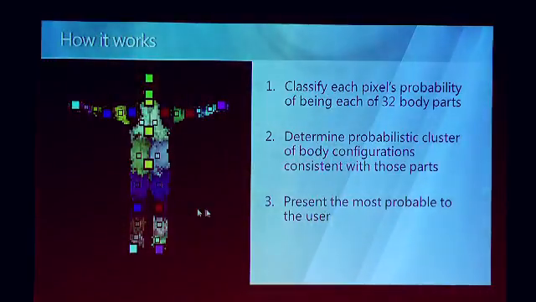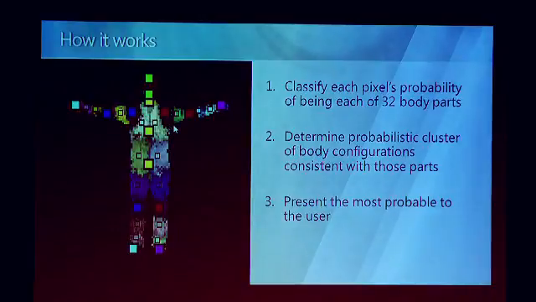And then it turned out that it was able to, well, let's see. So what it does is it takes every pixel in the image and decides what is that pixel's probability of being one of the 32 body parts. And the image we're seeing here is a sort of fuzzy representation because it's not going to make a hard decision for every pixel.